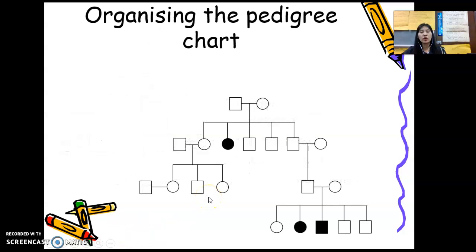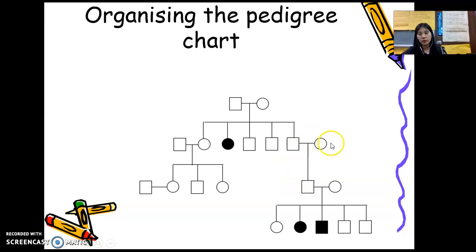All right, so how do we organize the pedigree chart? You have to remember, guys, this one, meaning the married couple and their children here, the second generation, the first child is married to this one, and so on, right? And this another. So how many children do they have? 1, 2, 3, 4, 5 children, and this one, if they're married, they've got another 2 or 3 children.